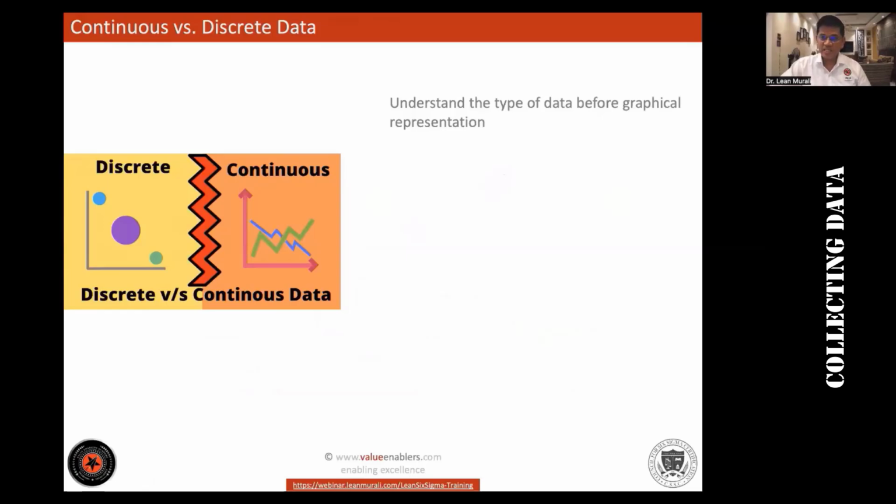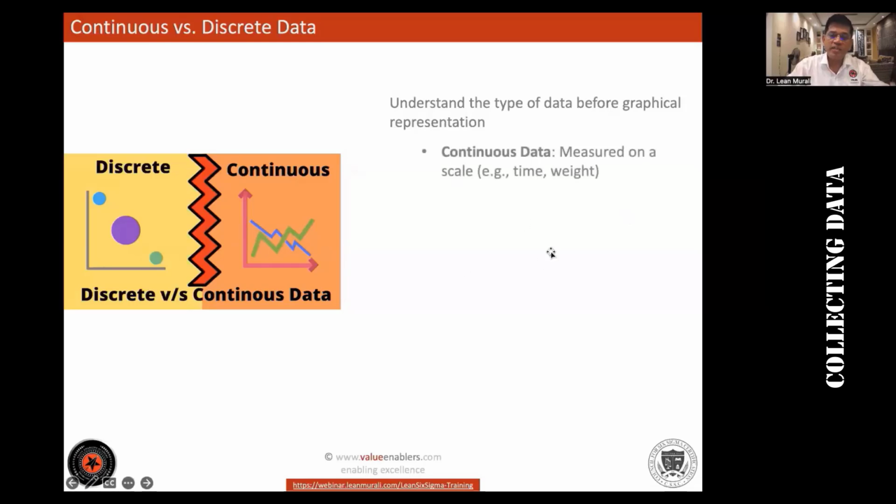Descriptive statistics and inferential statistics is something that we'll take up later. But if you just represent the data in numbers, it will give some information. If you represent them visually through some graphs, it will give you more information. There are various graphs that we are going to talk about later.